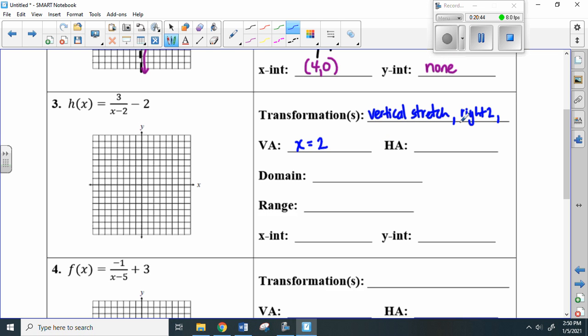And then the -2 at the end is going to shift the whole thing down 2, which means my horizontal asymptote is going to go down to -2. All right, so I should be able to get all of that just by looking at the equation. x equals 2, y equals -2.